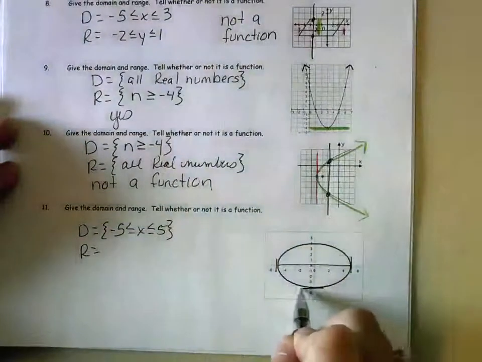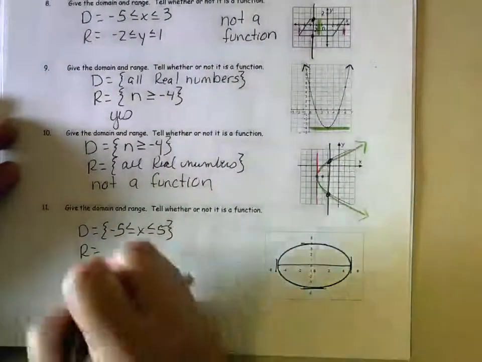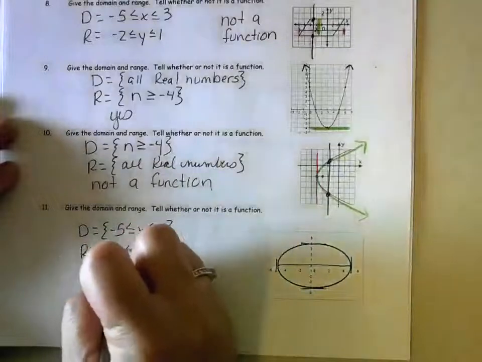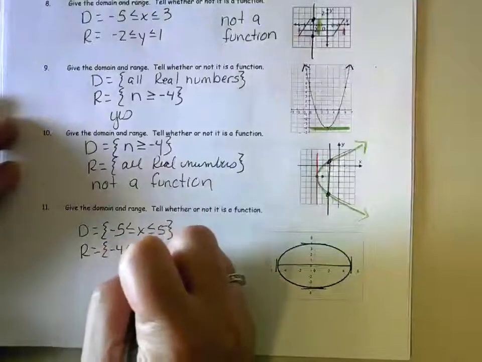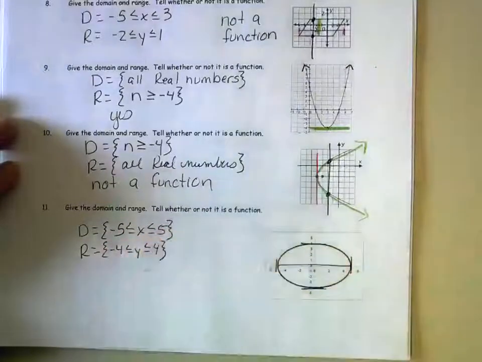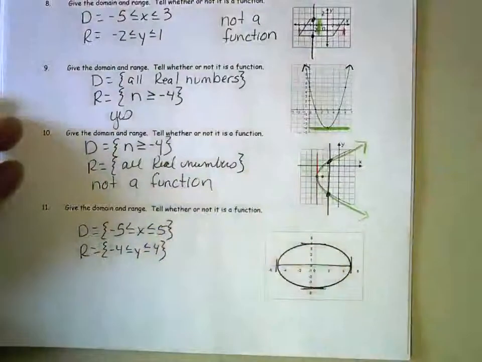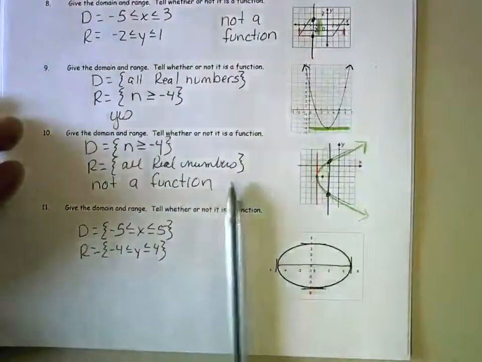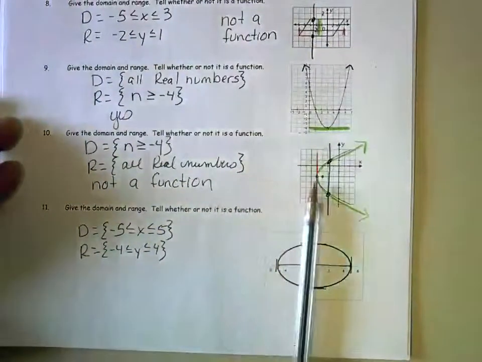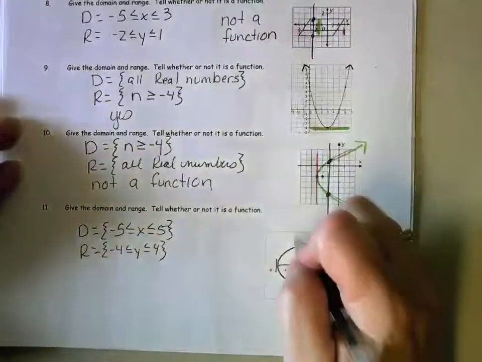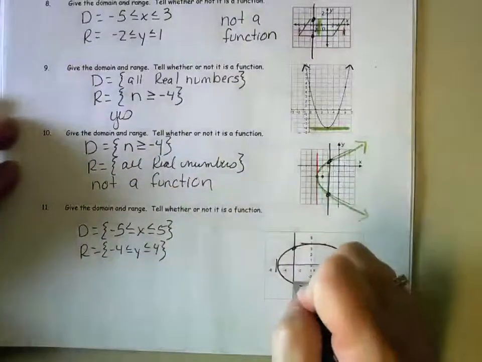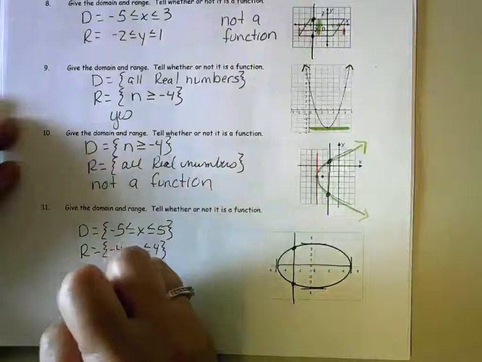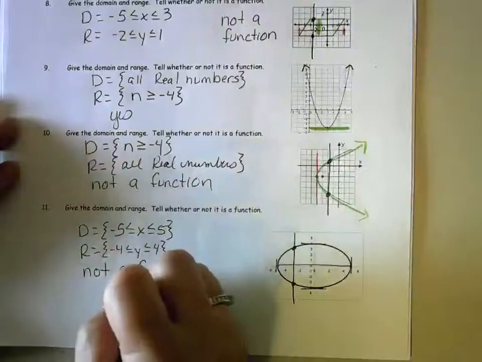Looks like this lower boundary is -4, and that is 4. And your vertical line test, right there, it touches in two places. There's 2 dots right here, so that is not a function.